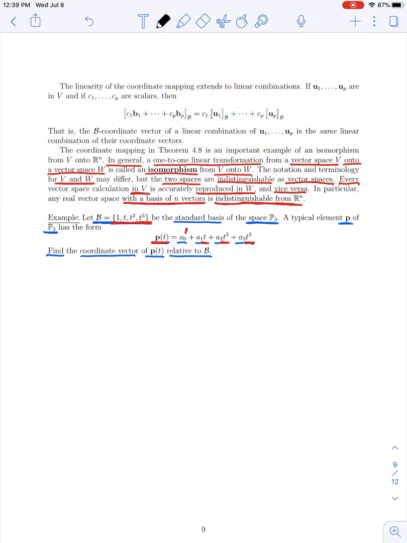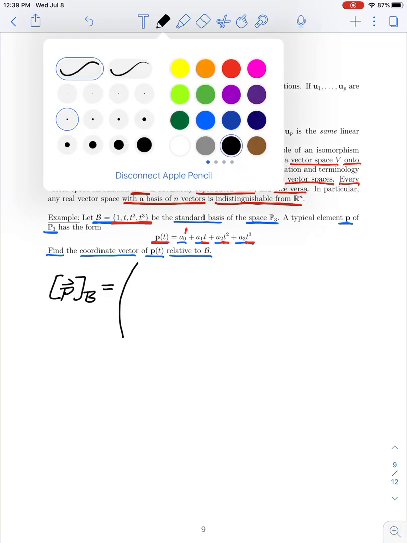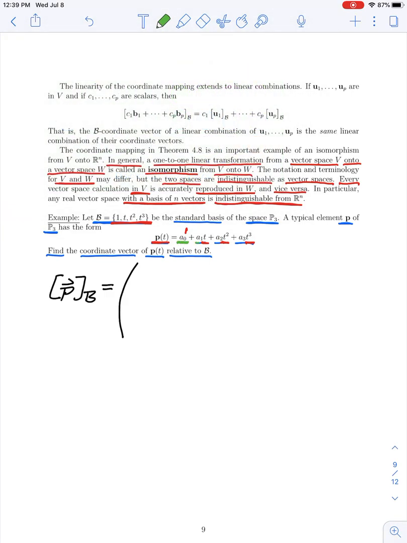So our coordinate vector of this polynomial p, relative to the basis B, would be the vector in R4 whose entries are these weights, a0, a1, a2, and a3. So here, this is a vector in Rn, where n is equal to 4.